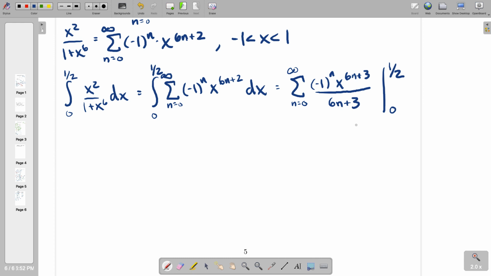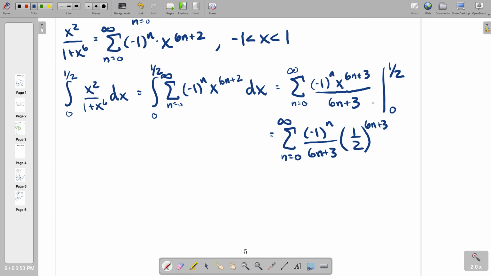So plugging those in, we end up with the sum from n equals 0 to infinity of negative 1 to the n over 6n plus 3, and then we're going to times by a half to the 6n plus 3.